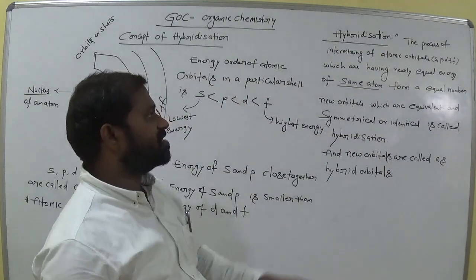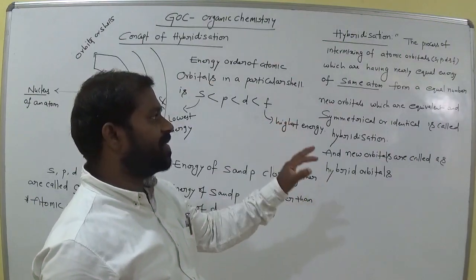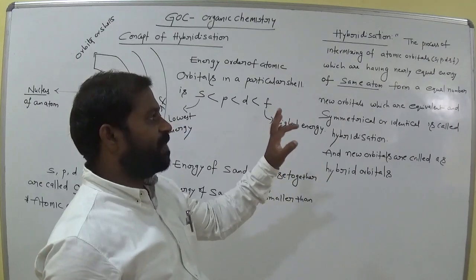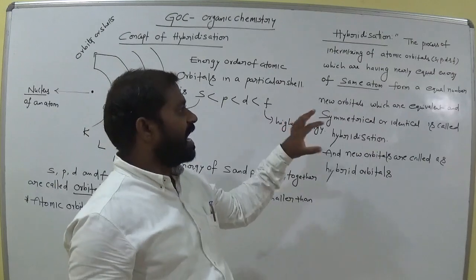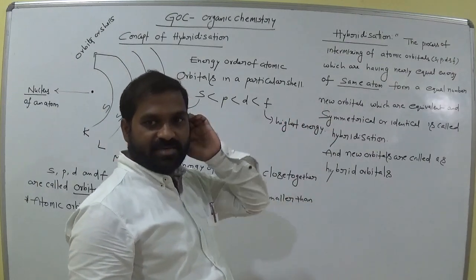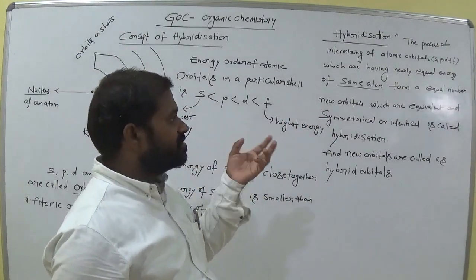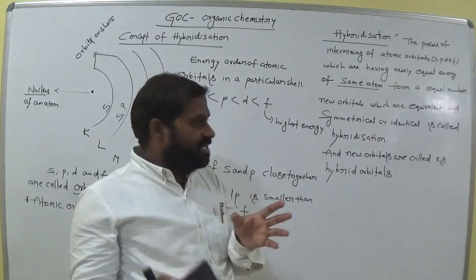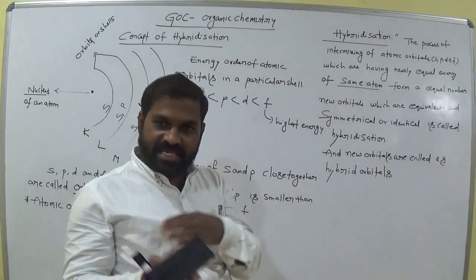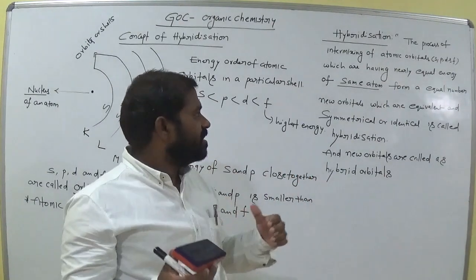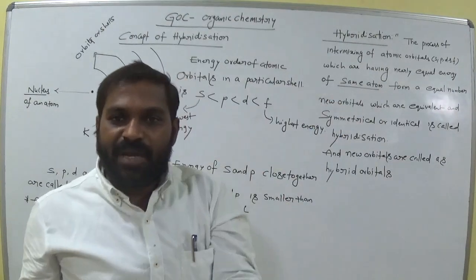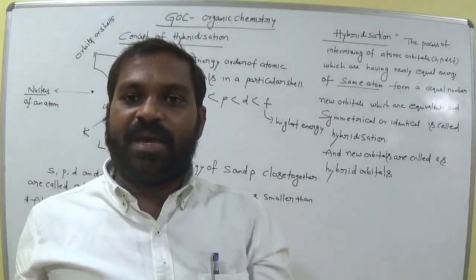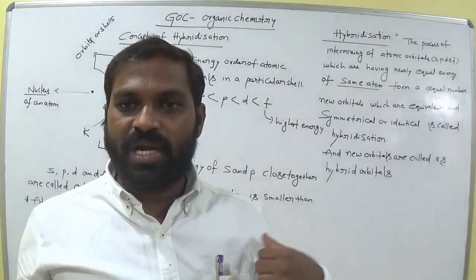So the process of intermixing of atomic orbitals like s, p, d. Mostly we discuss s and p, which have nearly equal energy. Orbitals having nearly equal energy undergo intermixing and form new hybrid orbitals with equal number, which is called hybridization.